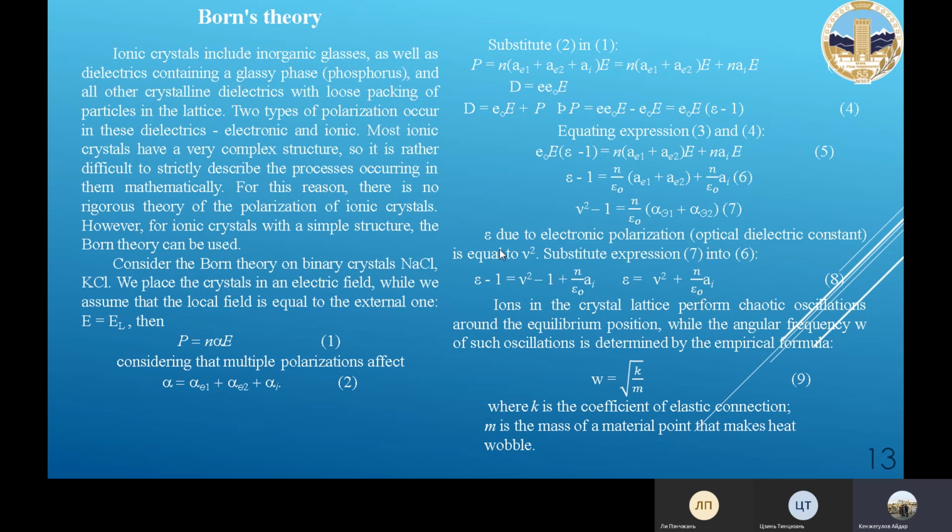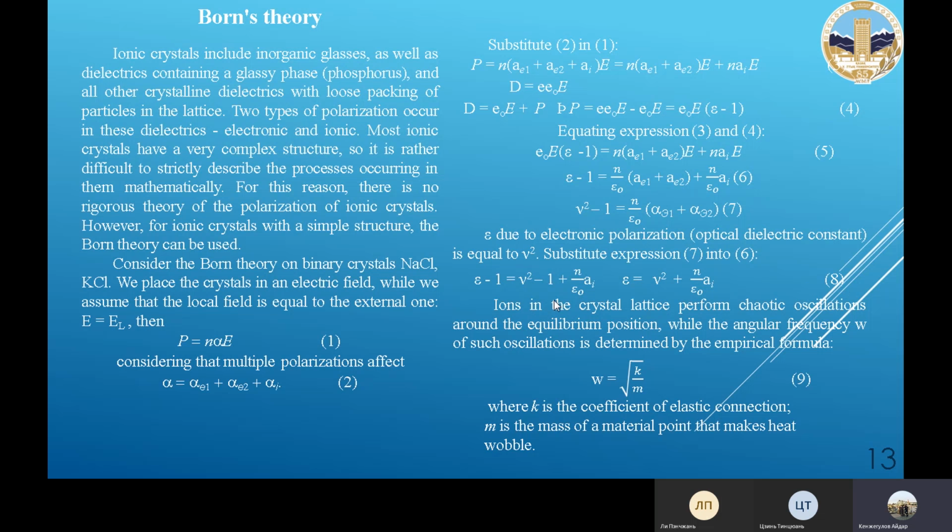Permittivity due to the electron polarization is equal to n squared. Substituting expression 7 into 6, we get this formula.